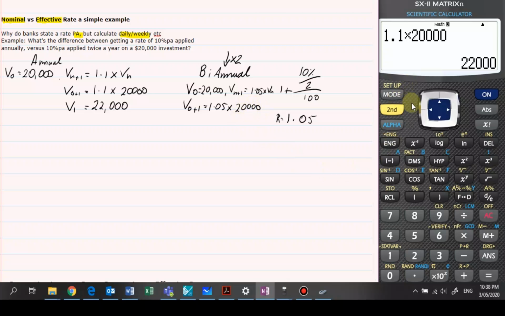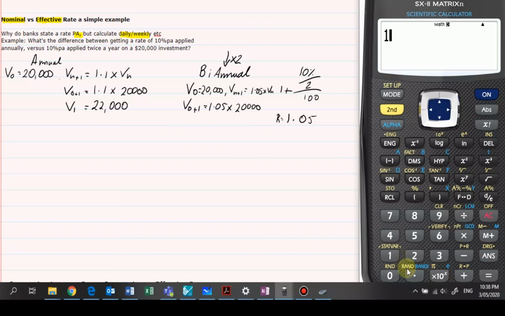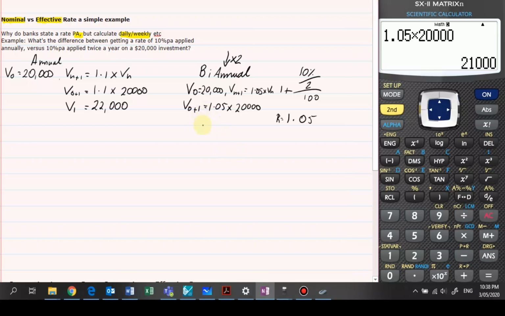Jump over here to our calculator. 1.05 times 20,000, and we get $21,000.